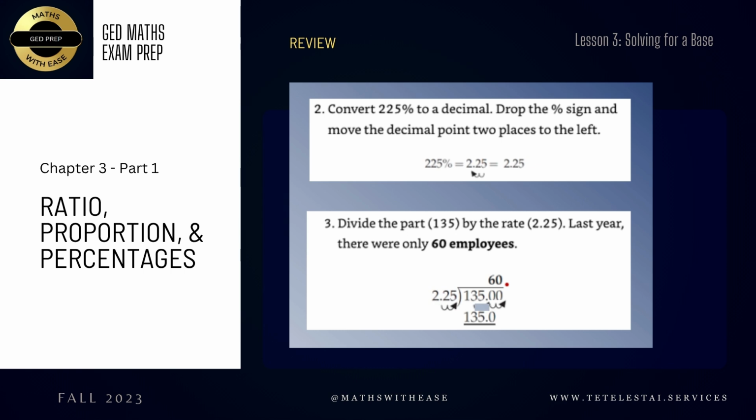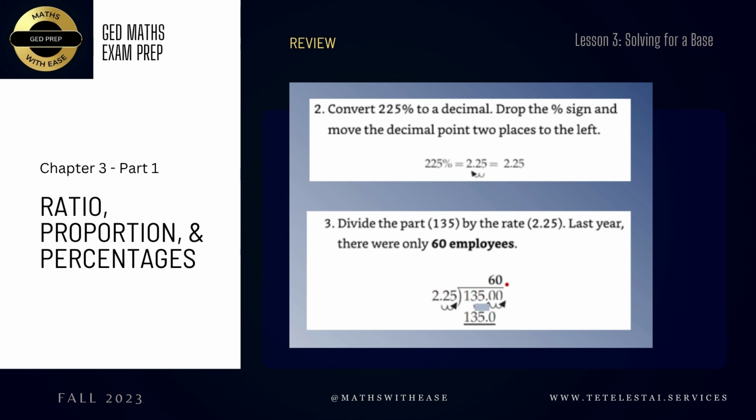So we essentially ask ourselves the questions that we normally do when we start with our long division. How many times does 225 go into 1? Well, it doesn't, right? Because 225 is greater than 1, so we skip over to the next place. How many times does 225 go into 13? It doesn't.